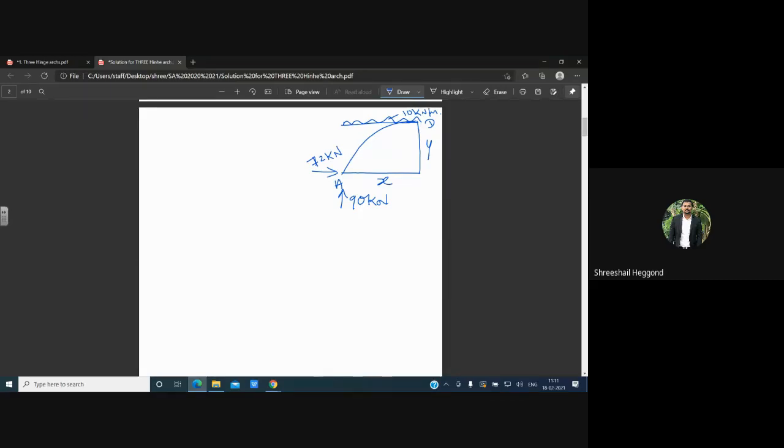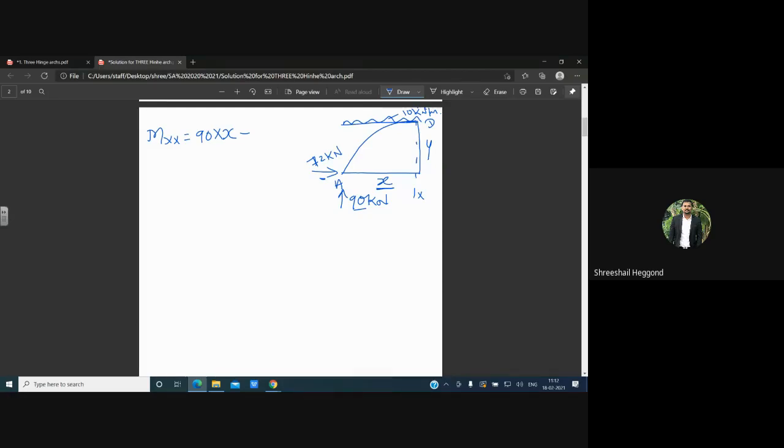So at XX, if you want to write the moment about XX, I can write the reaction, that is 90 kilonewton, 90 into the distance, I don't know the horizontal distance, so I write X, minus the horizontal reaction, which can be calculated as a negative value only, that can be written as 72 into Y. Y is also an unknown value.